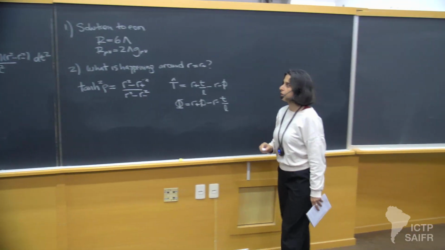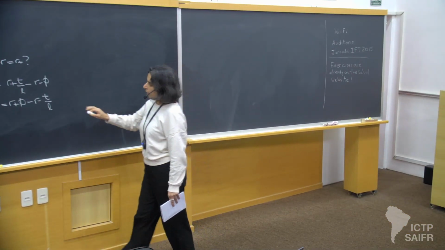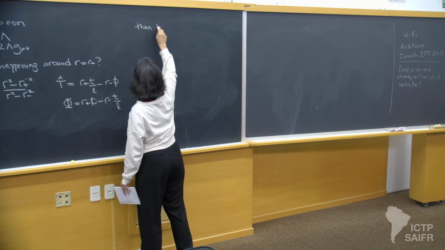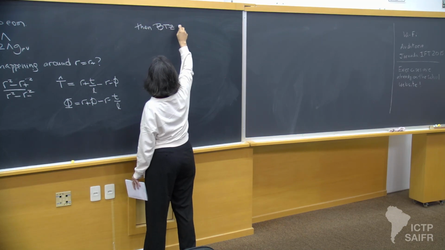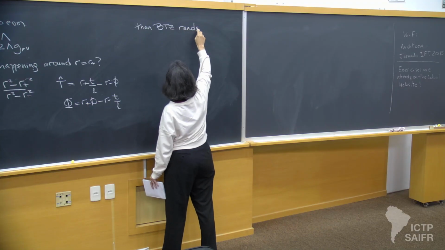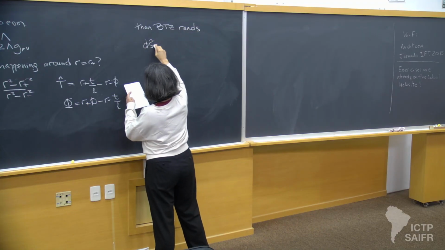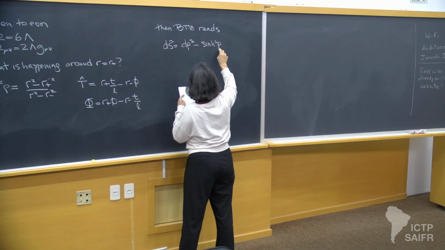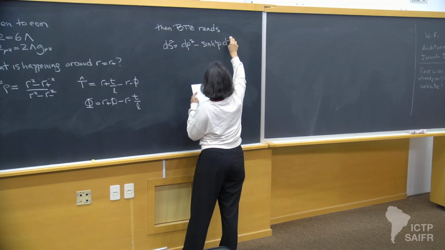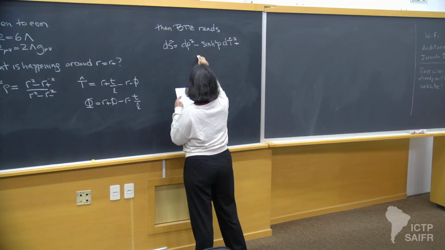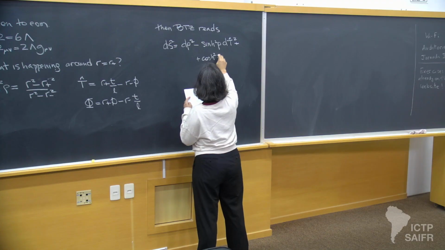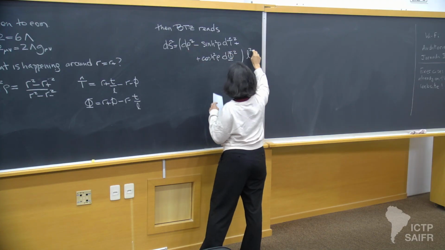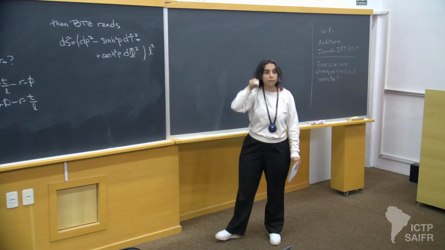So consider this coordinate transformation implemented on the BTZ. And this is the line element that you're going to get.